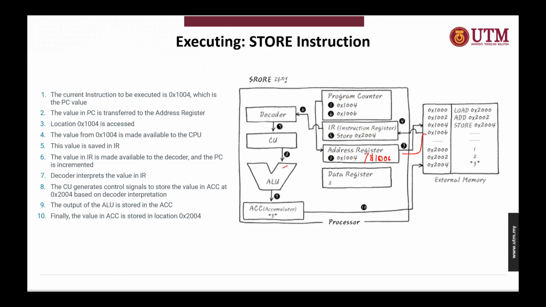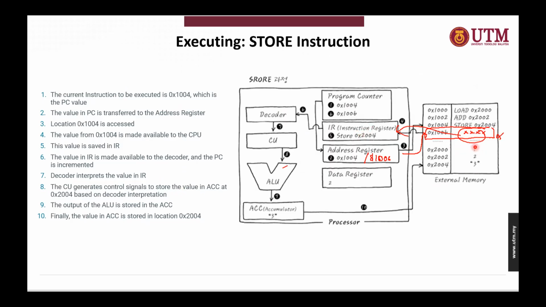Go to address 1006. But address 1006 doesn't have any instruction. So what does it mean? No instruction means that the program is already finished. No need to load any instruction to the instruction register. So the CPU knows that now the program has ended. We just stop here.